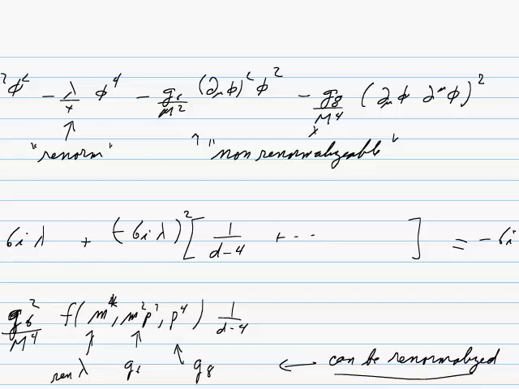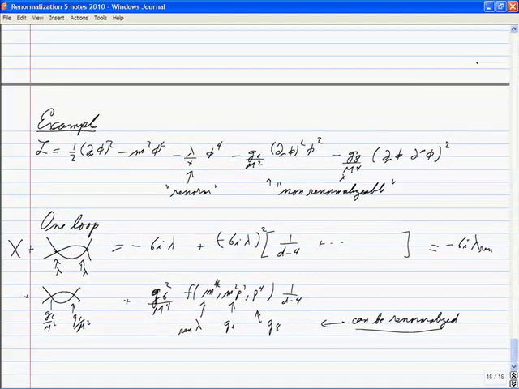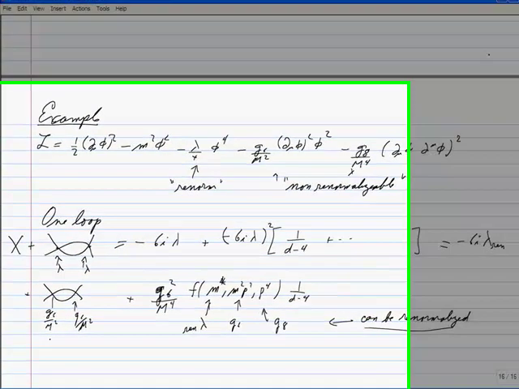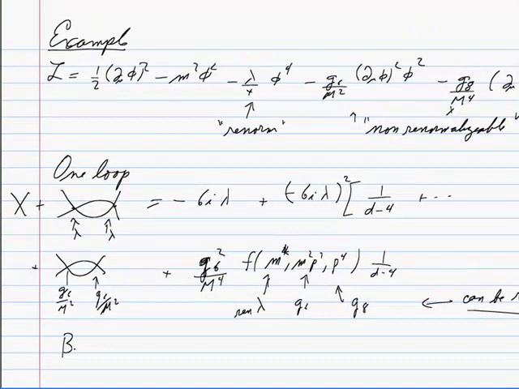Let's imagine I've done the calculation. You can renormalize the theory, but what I've had to do now is I now have to renormalize a new guy. So at one loop using this, I have to renormalize g8.